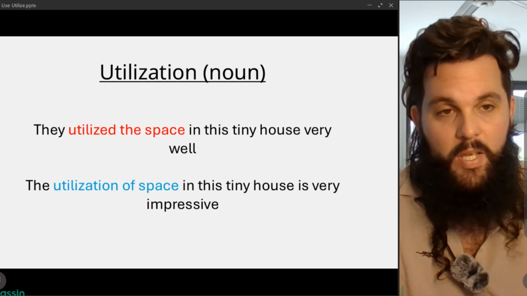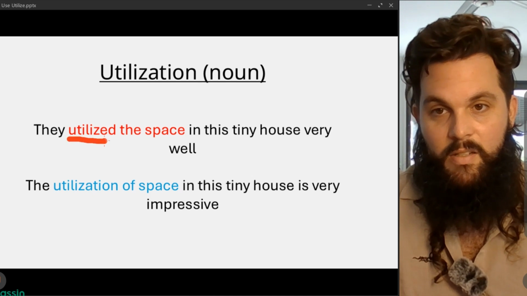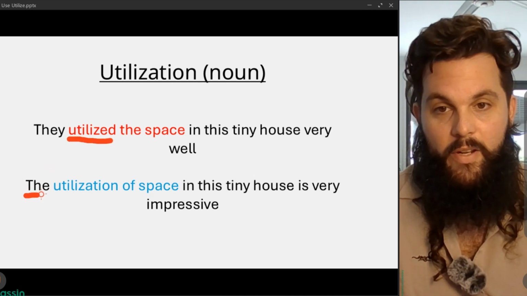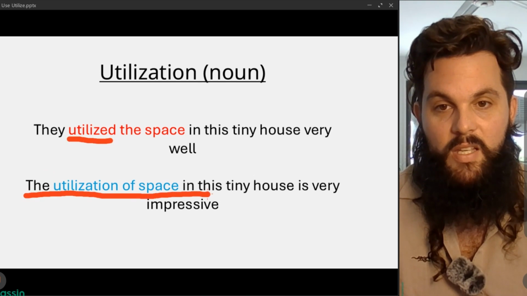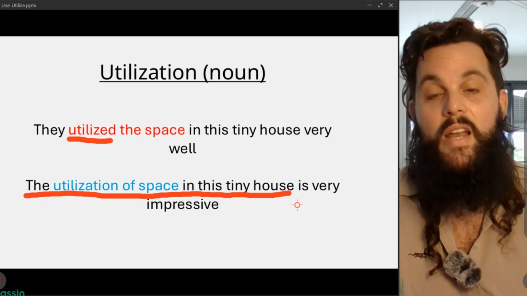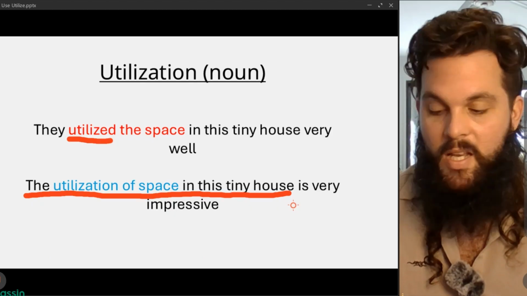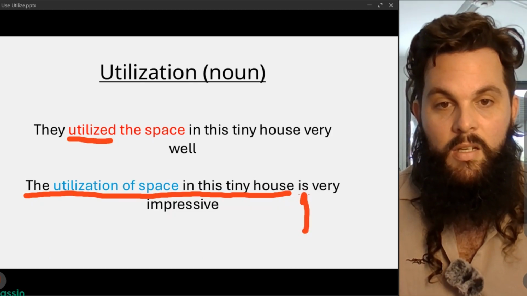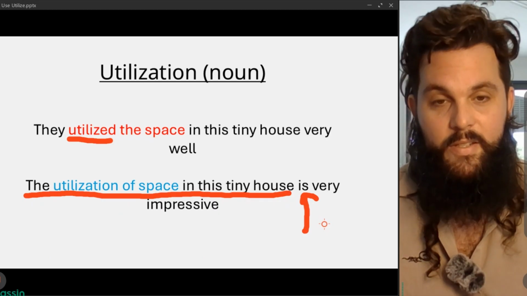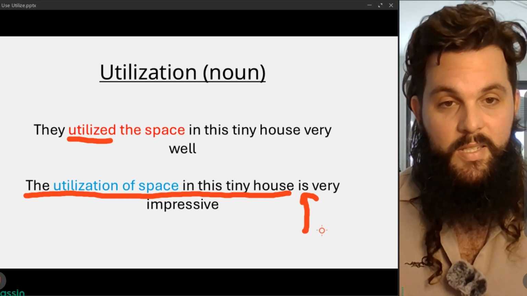The verb appears very early in the first sentence here, but now we've replaced the verb with a very long noun phrase, the utilization of space in this tiny house. This is now the subject of the sentence. So just a very long noun phrase, and the verb appears here instead of utilize. We can just use verb be, is.